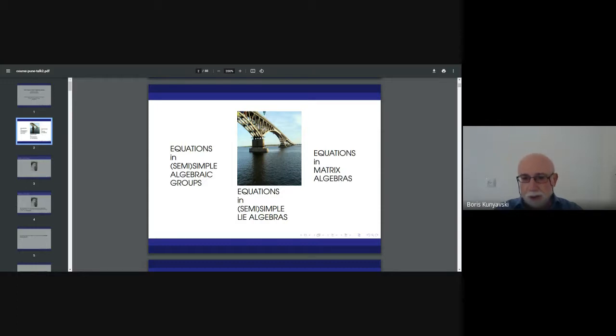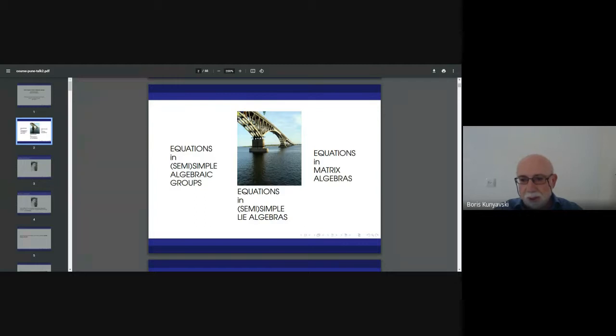Here the expression in equations in matrix algebra is not so well defined because normally I mean here associative algebra, as most people think about matrix algebras, but as a first step, it is easier for me to consider, sorry for the stupid expression, the third side of the bridge.